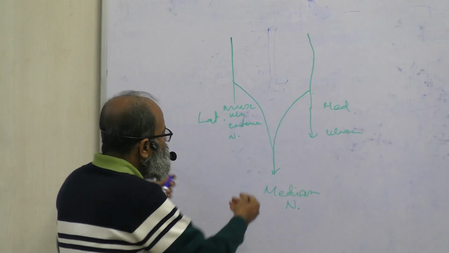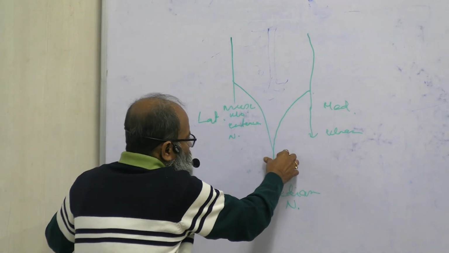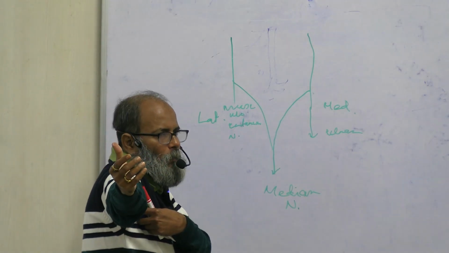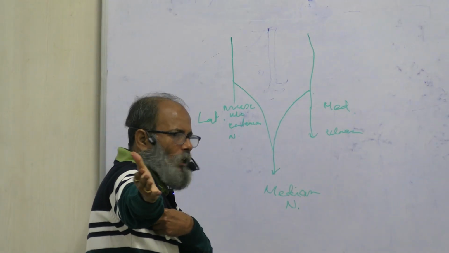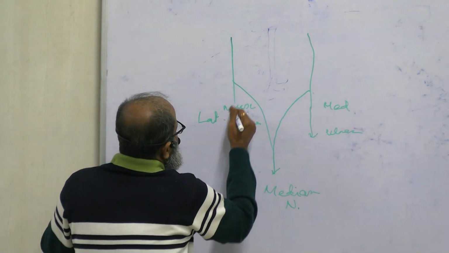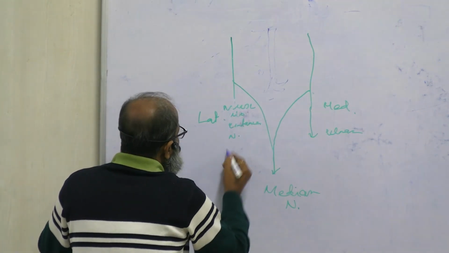Now, if you pull this median nerve, right here at the upper part of the axilla on the lateral wall, alright. If you pull this, you will find that this musculocutaneous nerve is piercing a muscle.